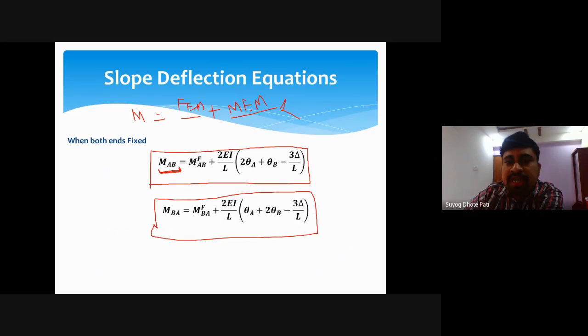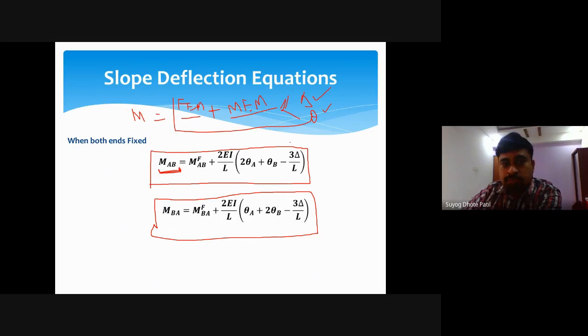Now, member end moment we have found in two types, by using displacement and by using rotation. So ultimately the moment for a particular joint will be the summation of all these parameters: the fixed end moment for a particular member about that joint, and the member end moments in terms of two parameters, that is vertical displacement and rotation.